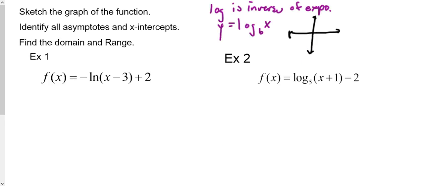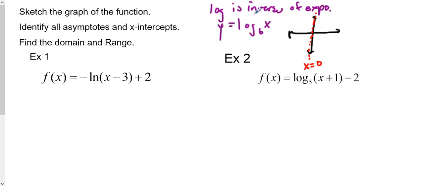Because it's the inverse of an exponential, and exponentials, if you look at the other tutorials, we know that they have a horizontal asymptote. However, since this is the inverse, a log doesn't have a horizontal asymptote. It actually has a vertical asymptote, and it's going to have one at x equaling 0. Now, exponentials also have a y-intercept at 0, 1.